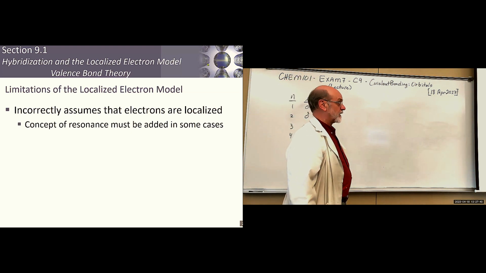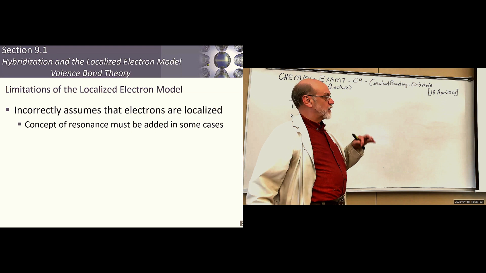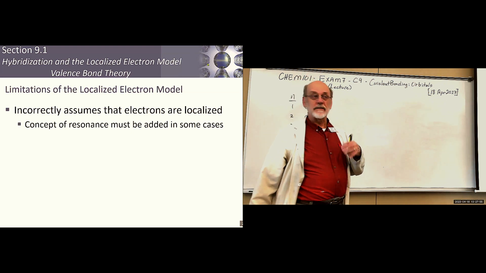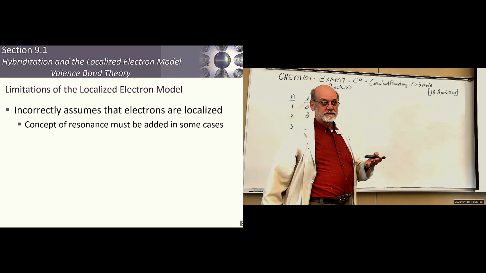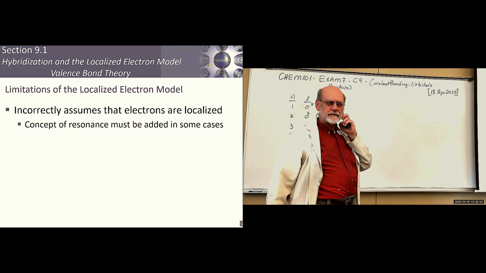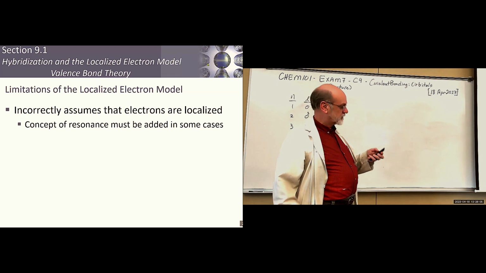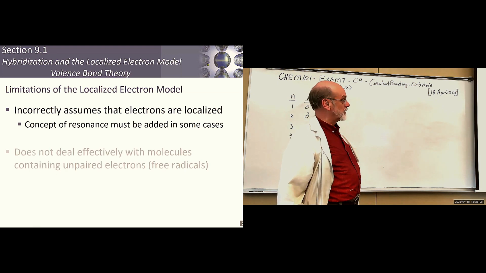They don't actually do that. And one of the clues is that we have to invoke resonance for some Lewis dot structures. Nitrate ion is one that we talked about. So that's one of the places that it stumbles.